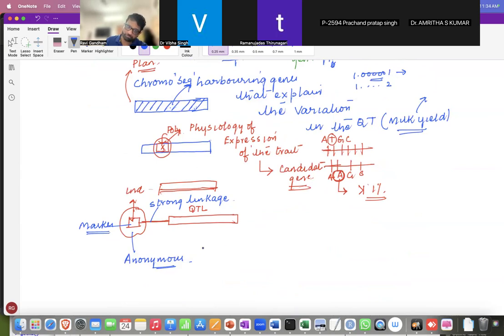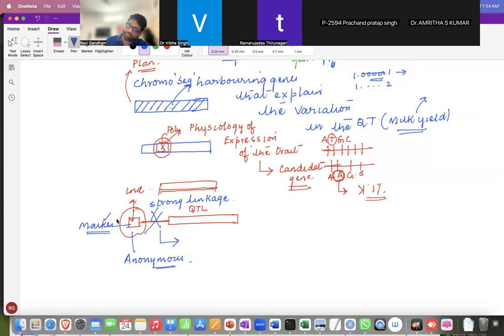Okay. Now that you know, the candidate gene marker is very clear, like within a gene you have it. Now when you're talking about anonymous markers, you have to have a very strong linkage, because any recombination between the marker and the QTL, the marker will immediately disappear from the population.